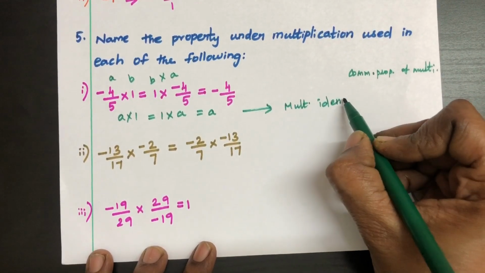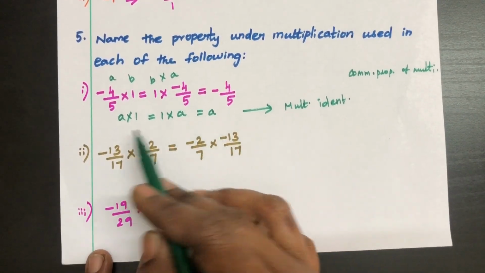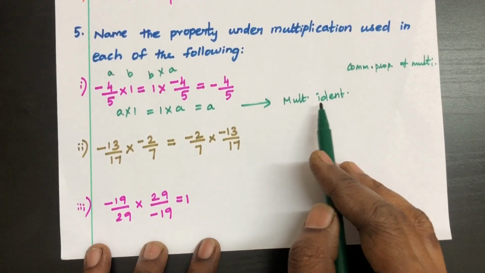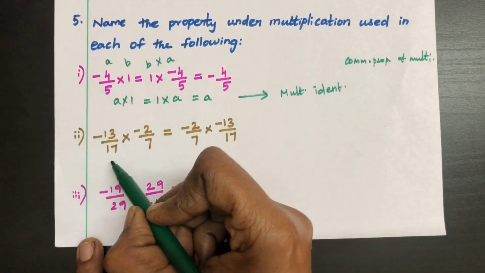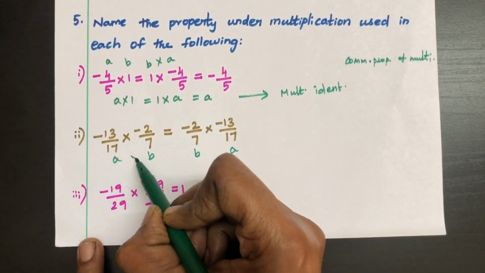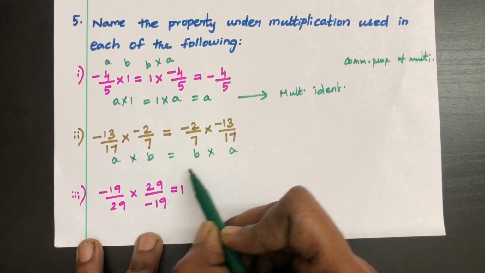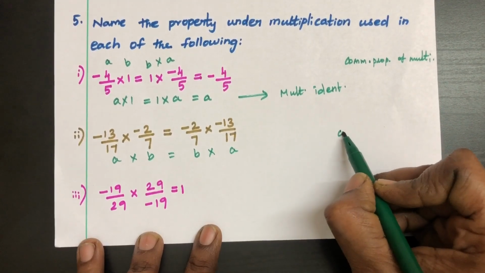A into 1 equal to 1 into A is equal to A. The multiplicative identity is the property used here. Next, this is A into B, B into A equal to B into A. This is nothing but the commutative property of multiplication.